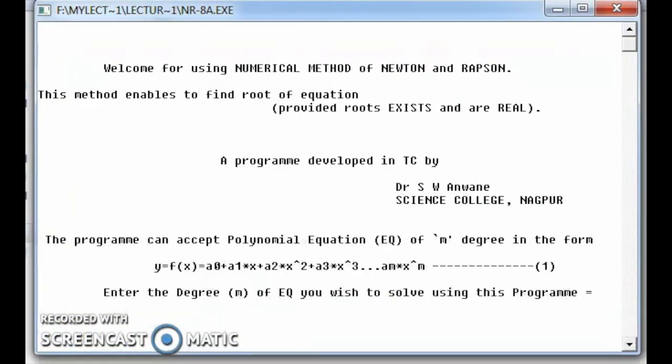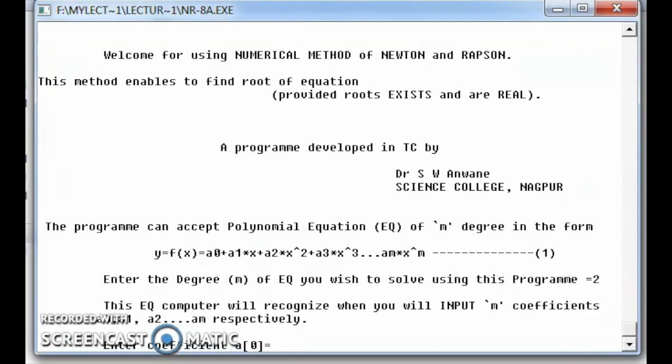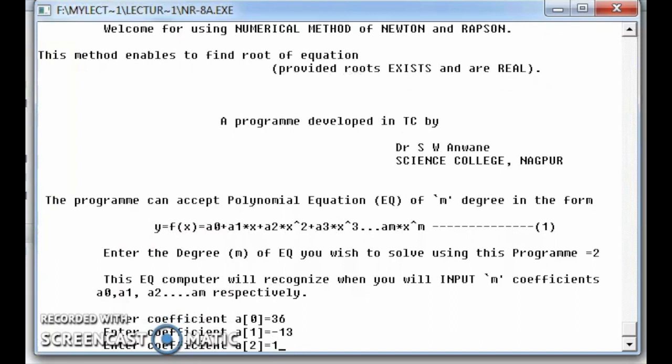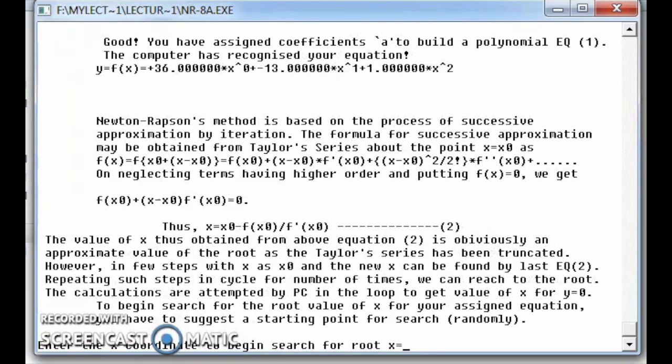Now friends, we shall again repeat our problem. The degree is 2, A0 is 36, A1 is minus 13, A2 is 1, and this time our starting point is 5.